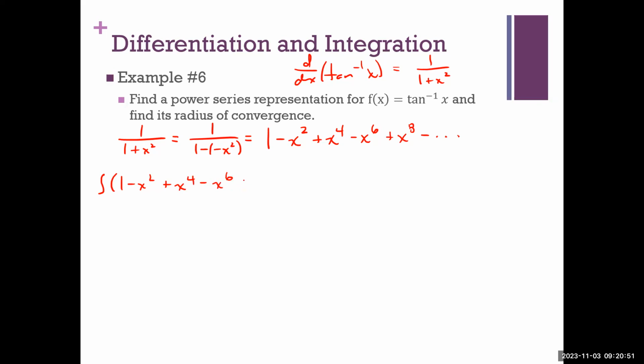I'll catch up to you if you want to start shouting out what some of these antiderivatives are. What's the antiderivative of 1? X, followed by negative x to the third over 3. Good. What else? Okay. Are we seeing patterns emerge?